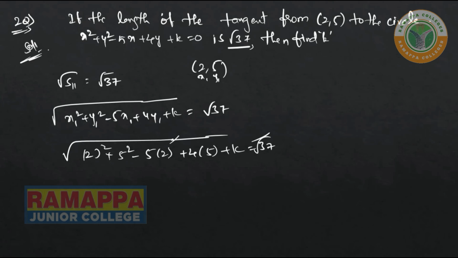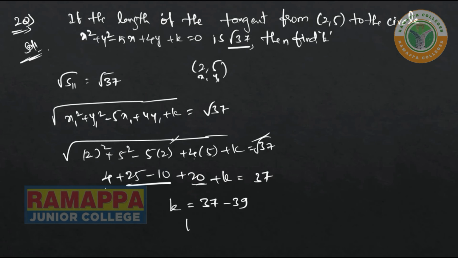So the root will cancel: 2 squared is 4, plus 5 squared is 25, minus 5 times 2 is 10, plus 4 times 5 is 20, plus k is equal to 37. So it becomes 15 plus 20 is 35, plus 4 is 39. So k is equal to 37 minus 39, which is minus 2. That is the answer here. Now this is the second question.